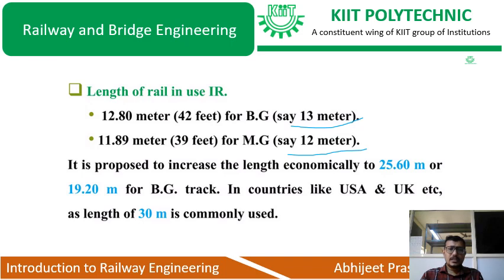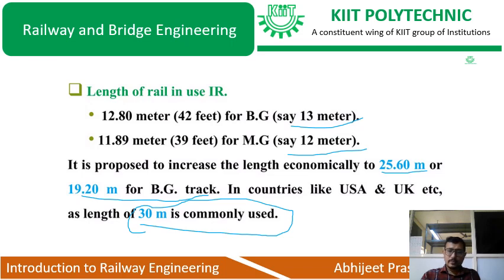It is proposed to increase the length economically up to 25.6 meters or 19.2 meters per broad gauge track. In countries like the USA and UK, they are using 30 meters for speedy construction and better joint-free construction.